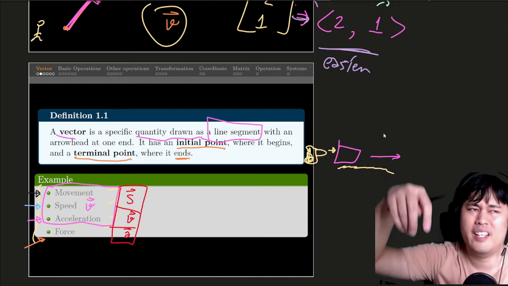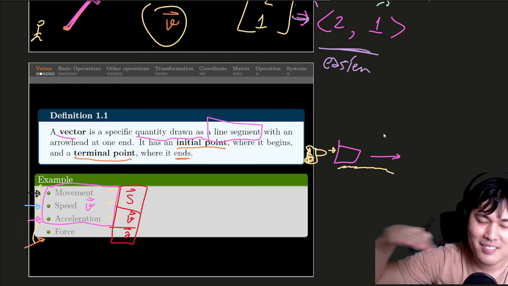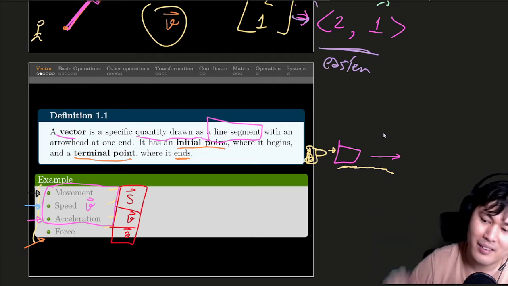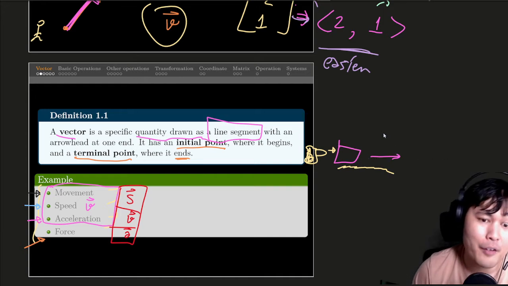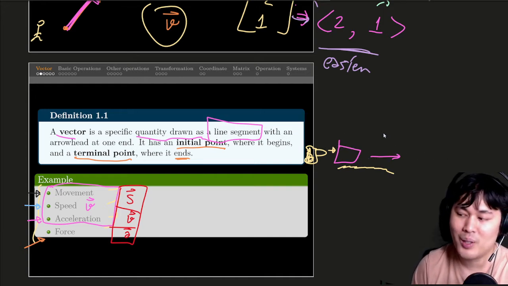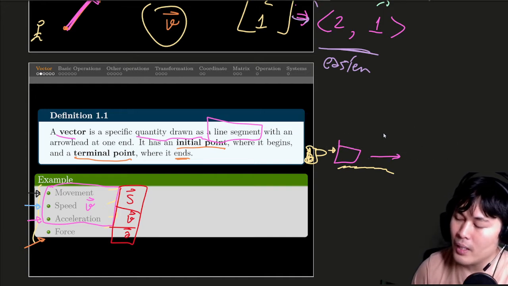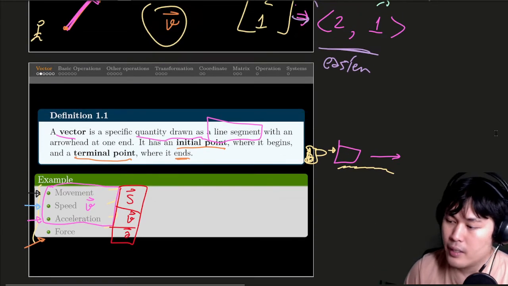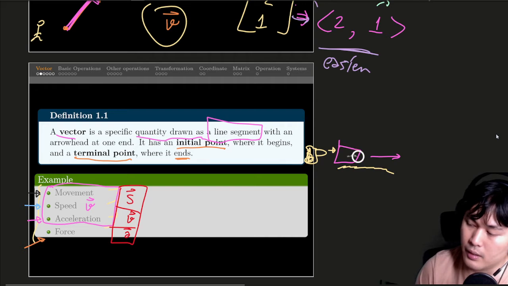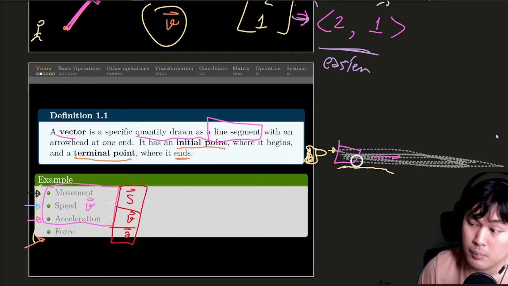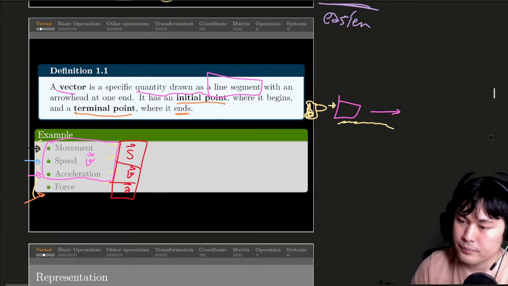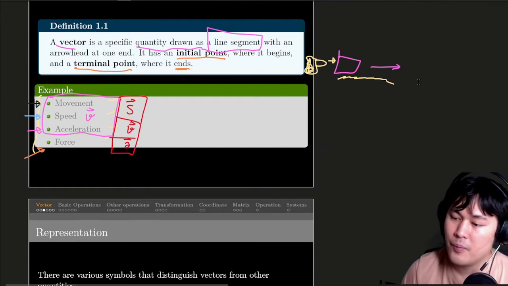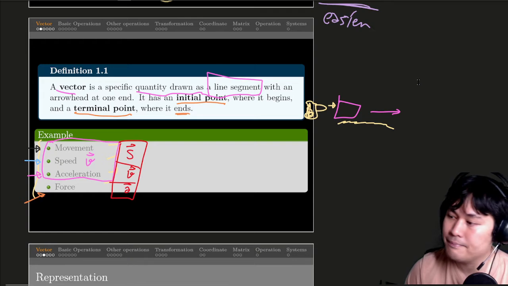Suppose the object is on a plate of ice, and if you just exert a little bit of force, it just keeps moving in that direction forever until it hits the wall. So that's a force, and the speed of this object that it is moving. So that's the physics way to think about the vector.